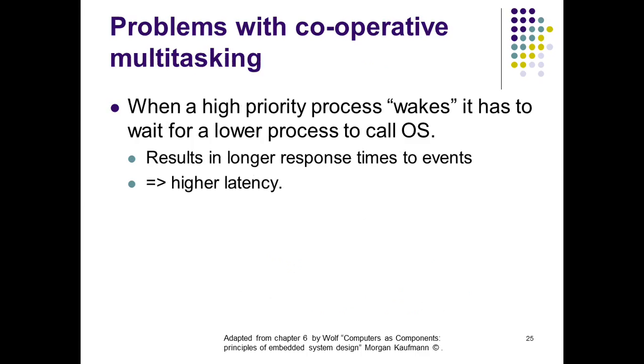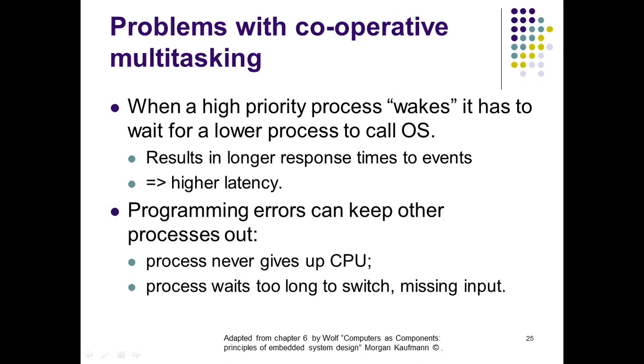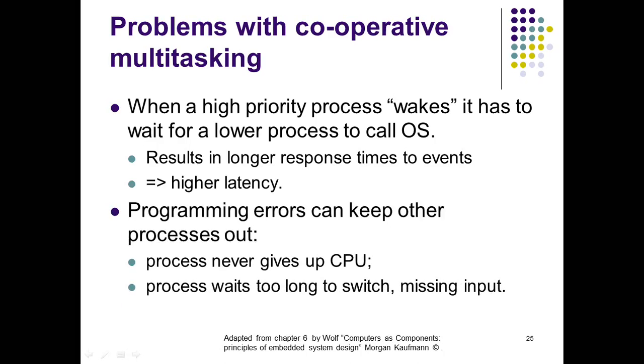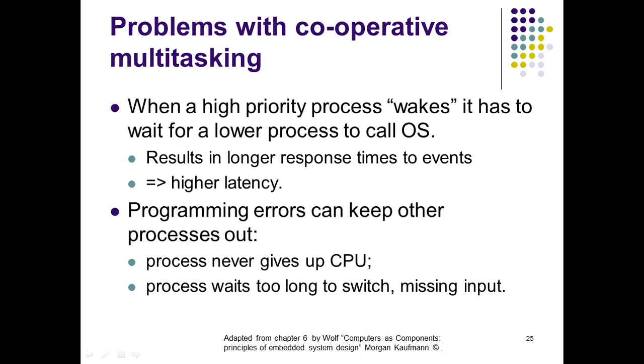The high priority process wakes. Can it get the CPU? It has to wait potentially a very long time for this CS switch. And this very long time might be because of a programming error. You just wrote the wrong code. You forgot to type in CS switch.